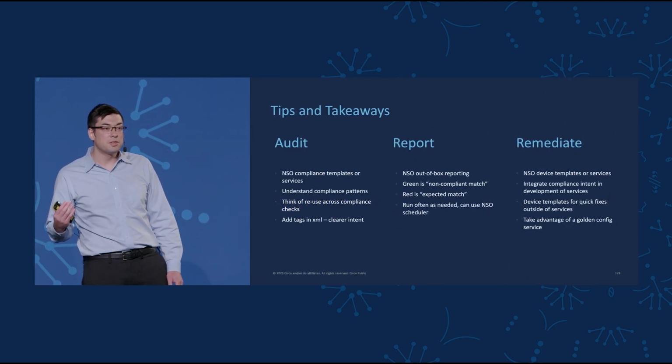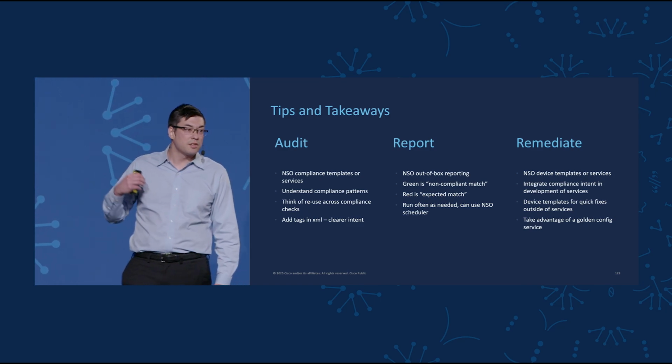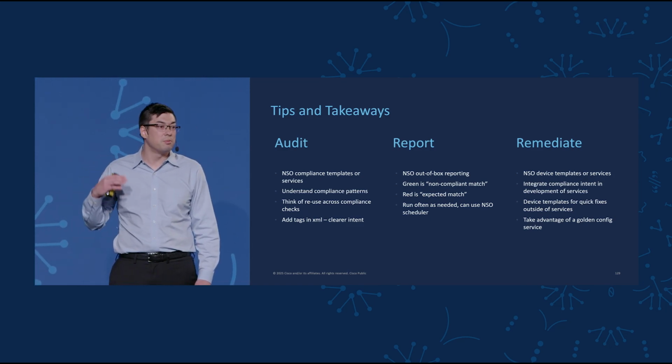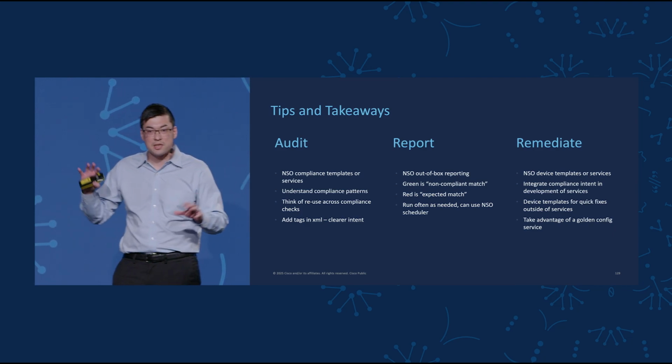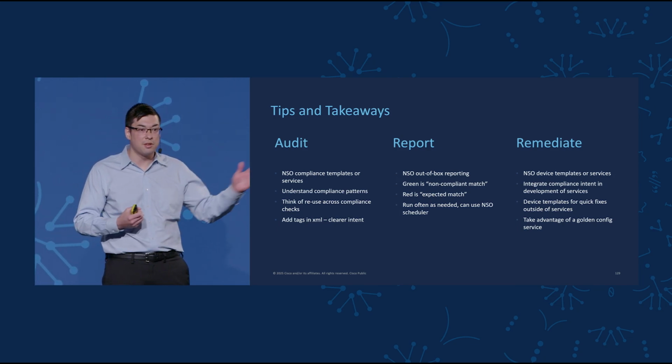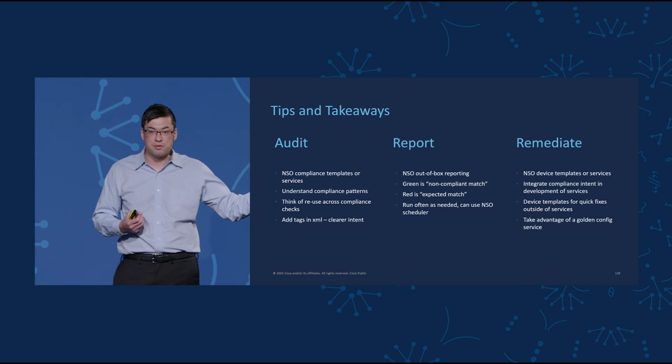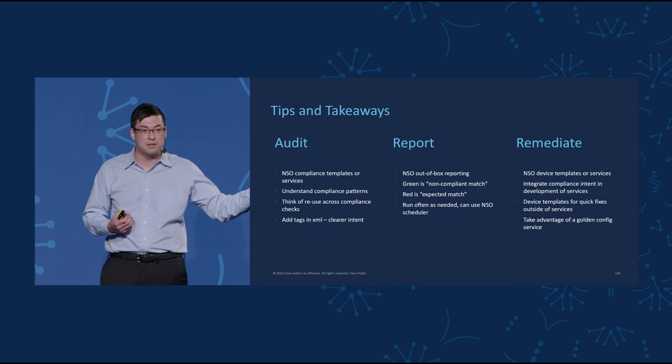Okay, so in summary, we talked about auditing capabilities and compliance templates and services and how we can leverage those to check the compliance intent. We talked about the process and a framework using the patterns and how those map to the tags and the new NSO features in the compliance templates.